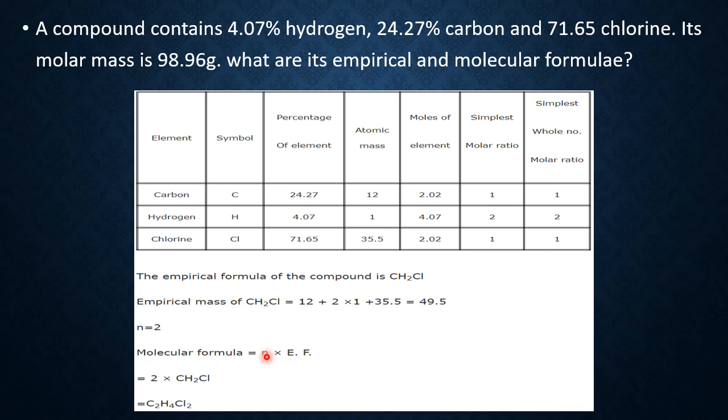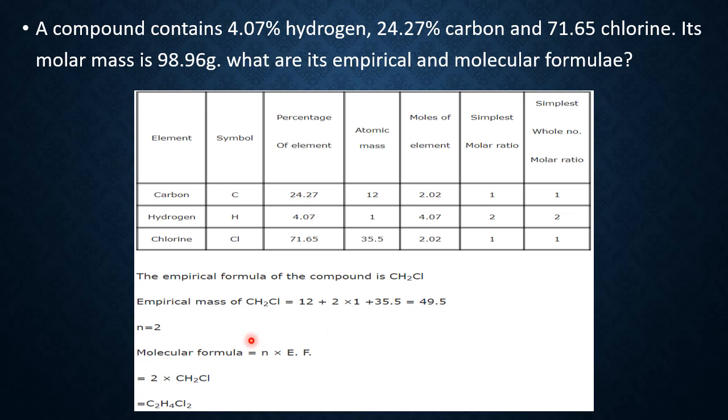The molecular mass is given in the question itself, 98.96. So n equals 98.96 divided by the empirical mass, which you have already calculated as 49.5. That gives approximately 2.